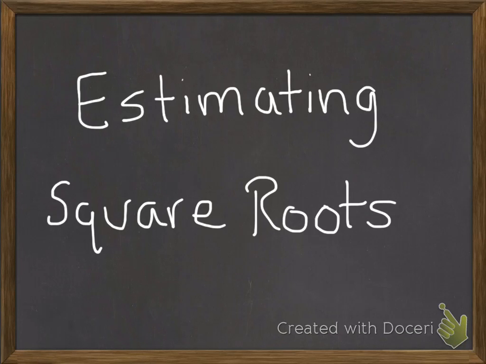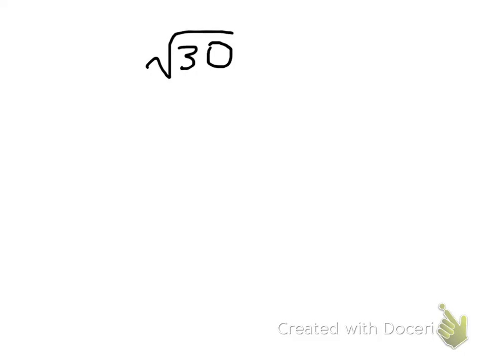So now let's do another concept of square roots, and that'll be estimating square roots. Estimating square roots could be hard and confusing, but they're actually pretty easy. So let's look at this problem, the square root of 30.